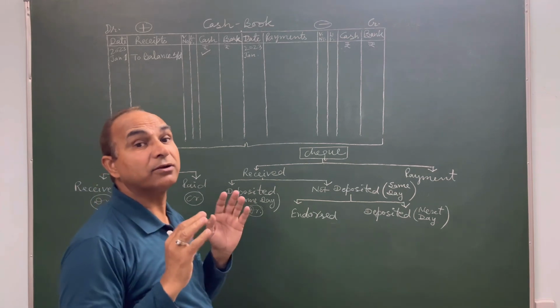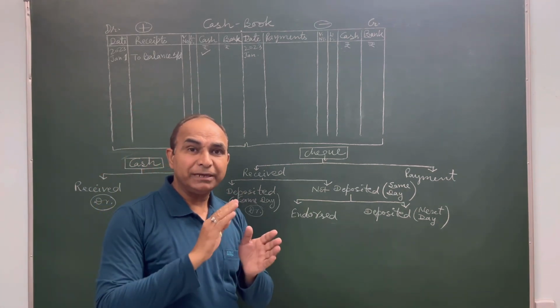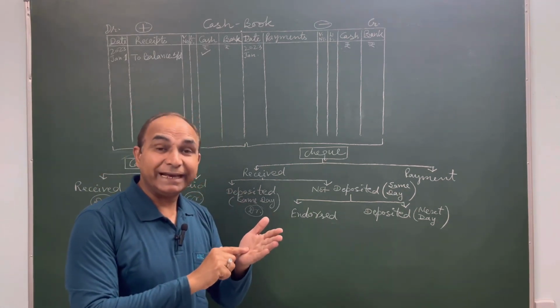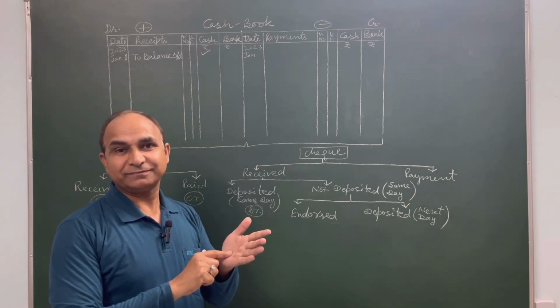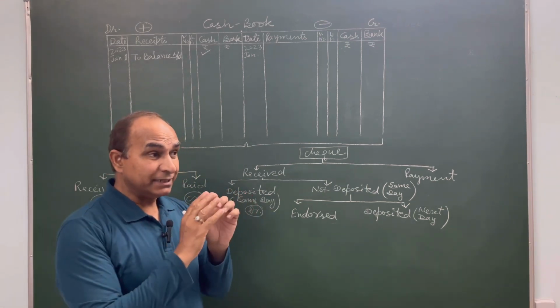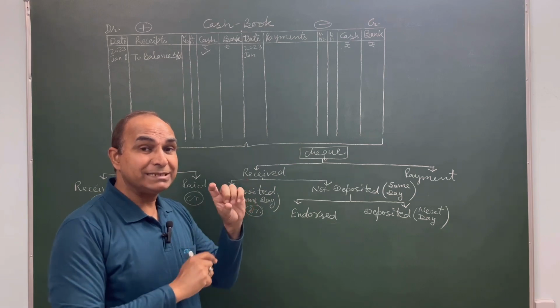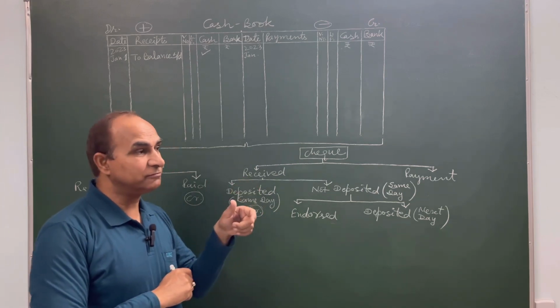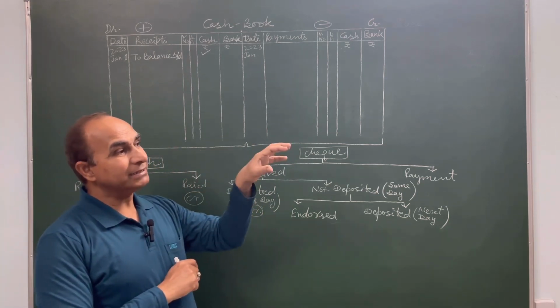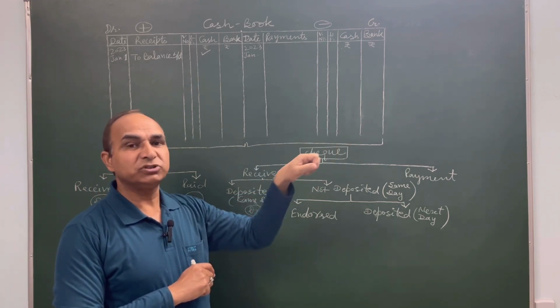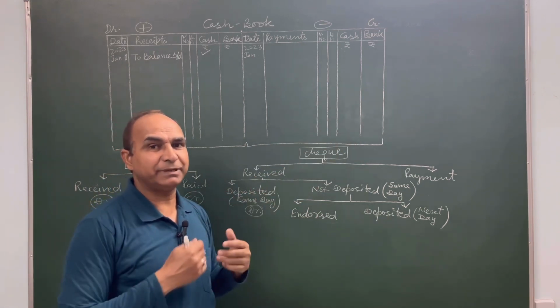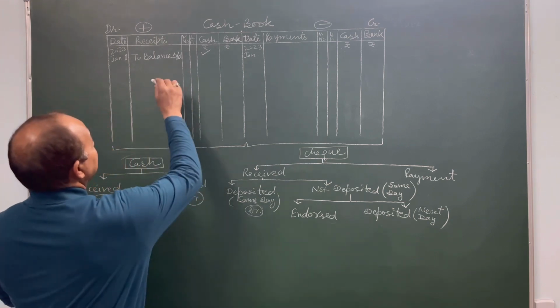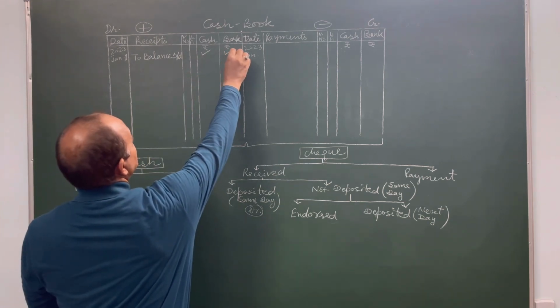Now coming to the bank column. The bank column can have a positive as well as a negative balance. Listen carefully. If there is a positive bank balance, it means that it is a debit balance. Positive means we have a balance in the bank which we can use, we can withdraw. In that case, we write the opening balance here, To balance b/d.